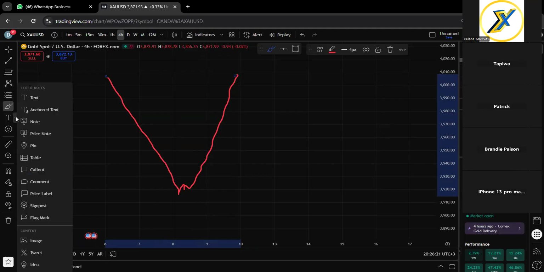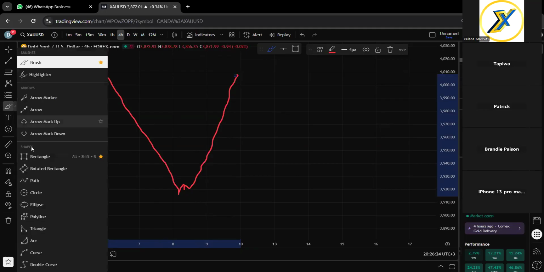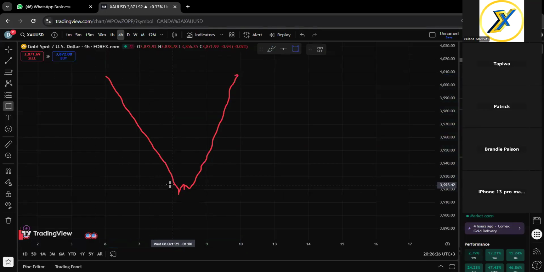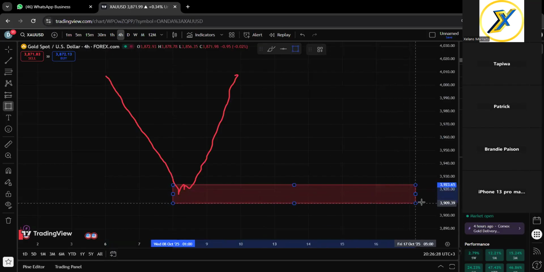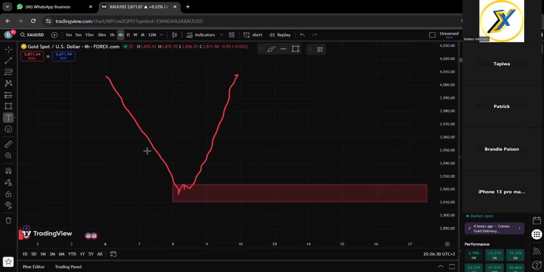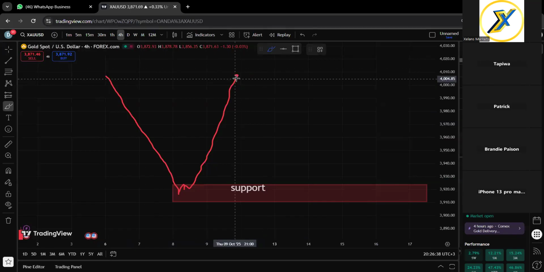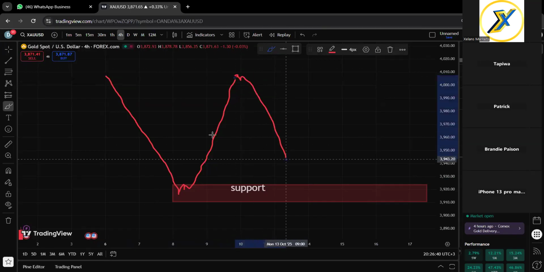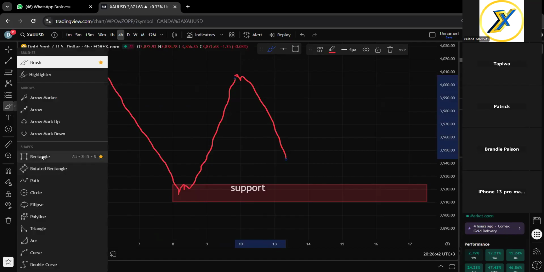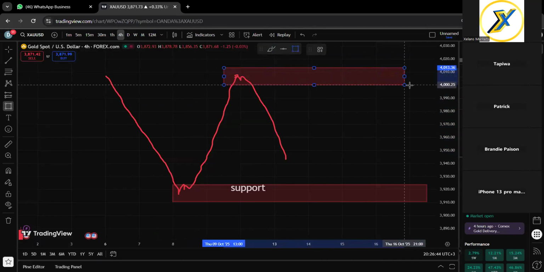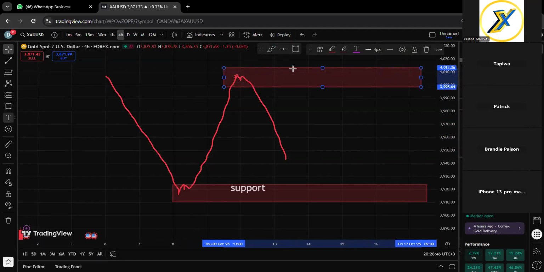What is left here is what we call support. When the market is pushing up, then starts to change direction, what is left here is what we call resistance.